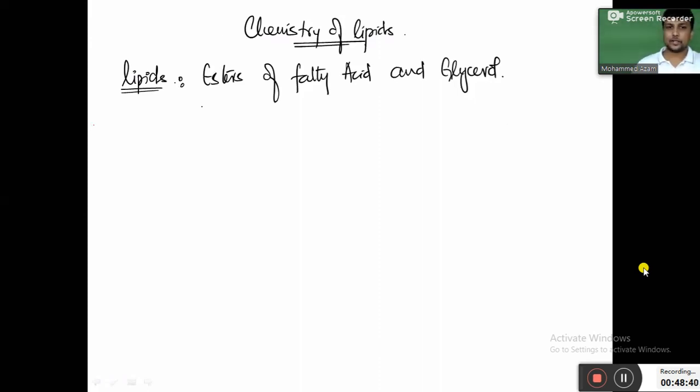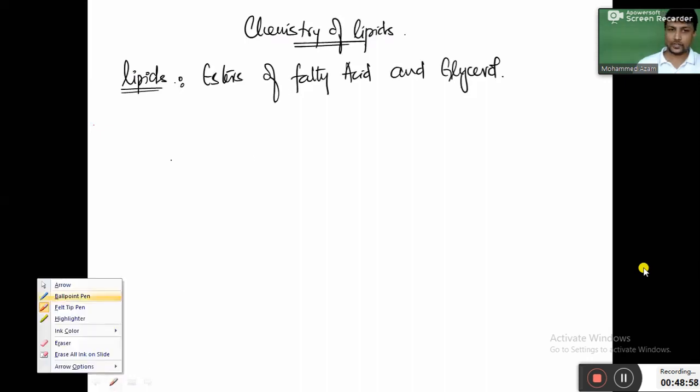Now, chemistry of lipids. Lipids are actually the esters of fatty acid and glycerol. Sir, what is the meaning of this? It comes from organic chemistry.